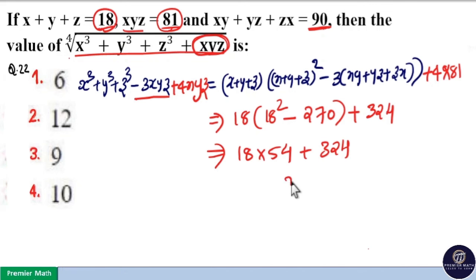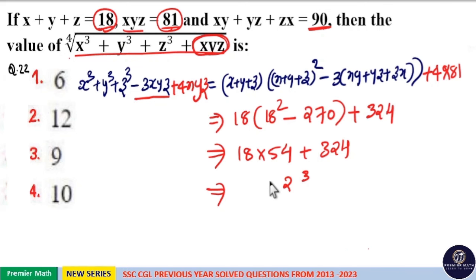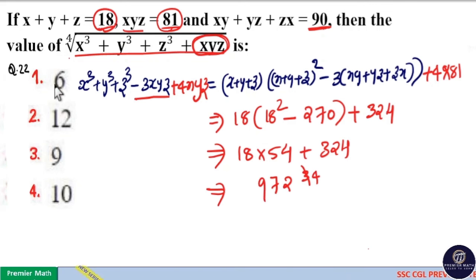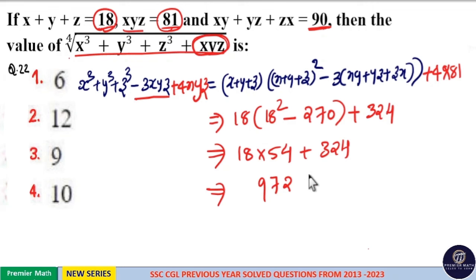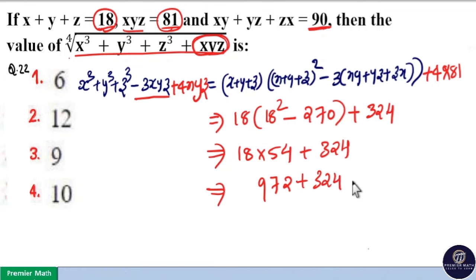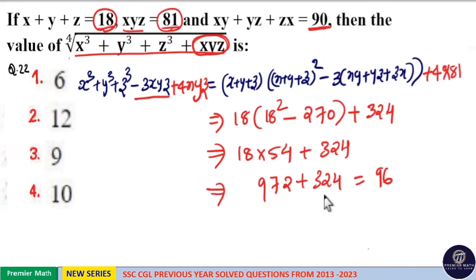Now 8 into 4 is 32, remaining 3. 8 into 5 is 40, 40 plus 4 into 1 is 4, 40 plus 4 is 44, 44 plus 3 is 47, remaining 4. 1 into 5 plus 4 is 9. So 972. 18 into 54 is 972. 972 plus 324, which is equal to 4 plus 2 is 6, 7 plus 2 is 9.